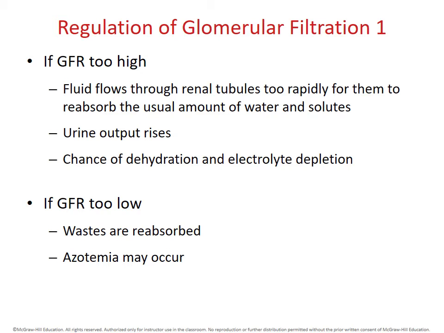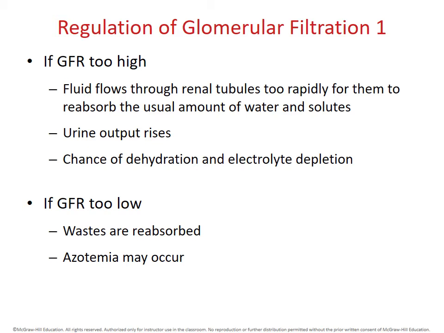Just to let you know, if glomerular filtration rate is too high, then generally we get too much urine produced, because with that excess filtration, the fluid tends to flow more rapidly through the tubules of the nephron, and we don't get a chance to reabsorb as much as we normally would.